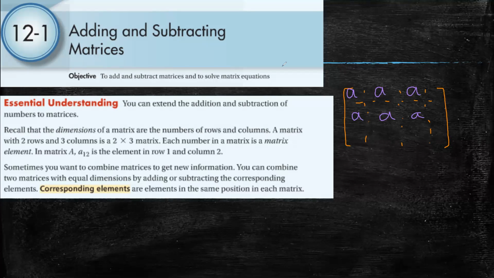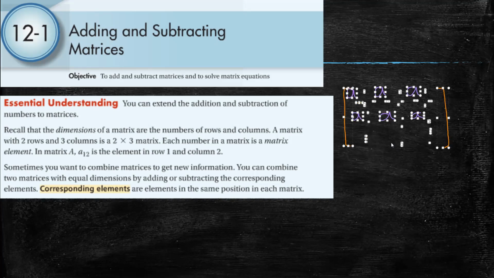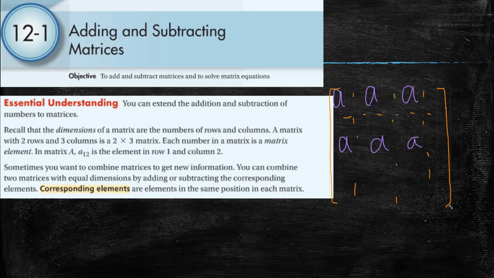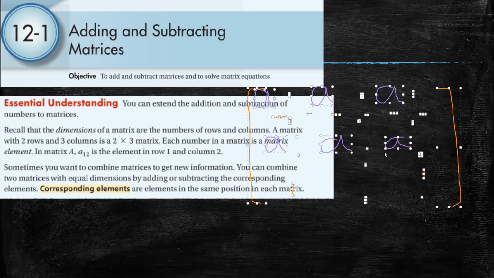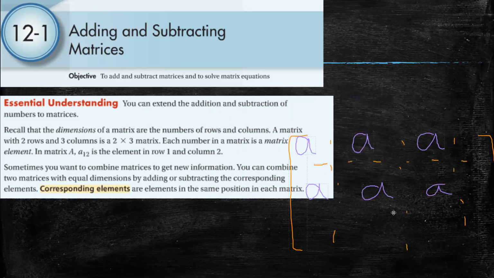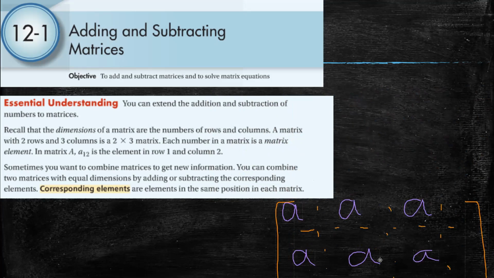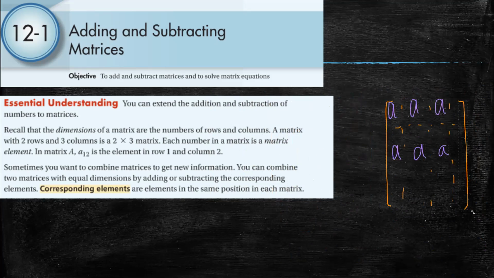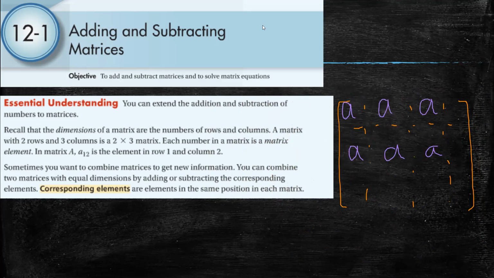Now, look at the first element here. This element is in row 1, so I will say A sub 1.